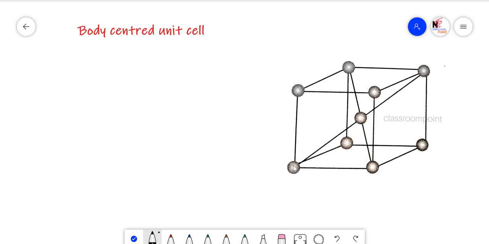These are all corner positions, 1, 2, 3, 4, 5, 6, 7, 8 corners, and 1 atom at the body center. The corner atom's contribution towards any unit cell is only 1/8 part, as we discussed in the simple cubic. So let us discuss the total number of atoms in this unit cell.